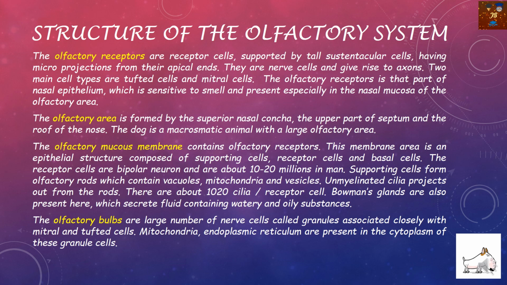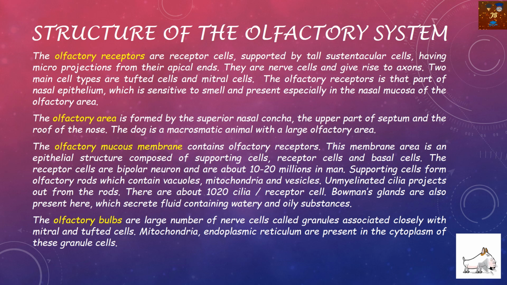The dog is a macrosmatic animal which has a large olfactory area. If we compare the olfactory area of the dog and the human being, we will find that dogs and foxes, which are macrosmatic animals, have a larger olfactory area than the human being. So the larger the olfactory area, the larger the sniffing capability. Next, the olfactory mucous membrane, which is basically formed by olfactory receptors.